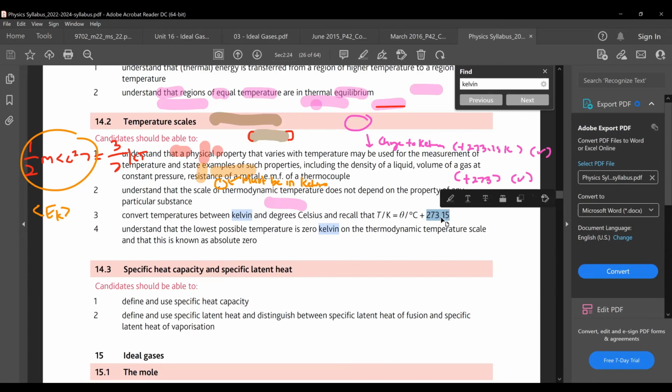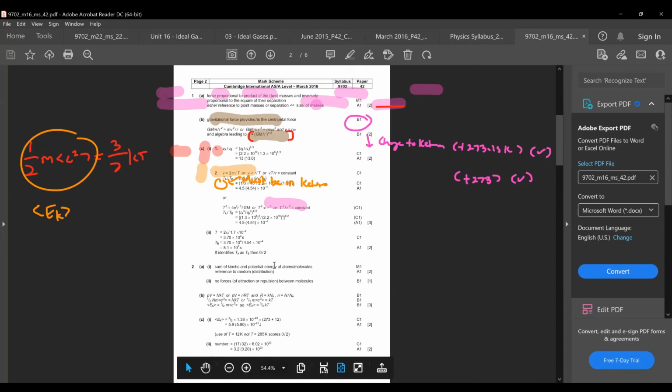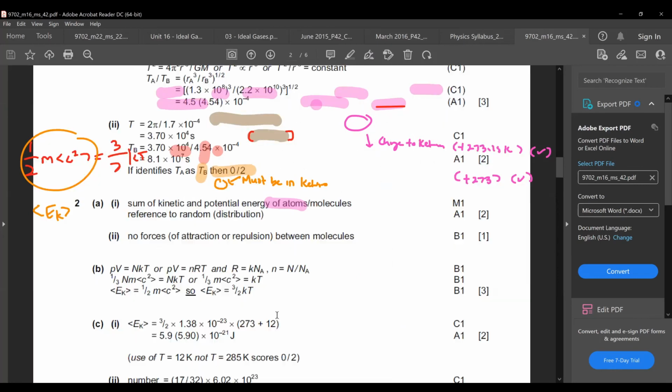The syllabus booklet itself says you can use it. If you're talking about the marking scheme, it puts it as 273. Let me open it up for you. March 2016 P42, question 2. Yeah, it's also written there.